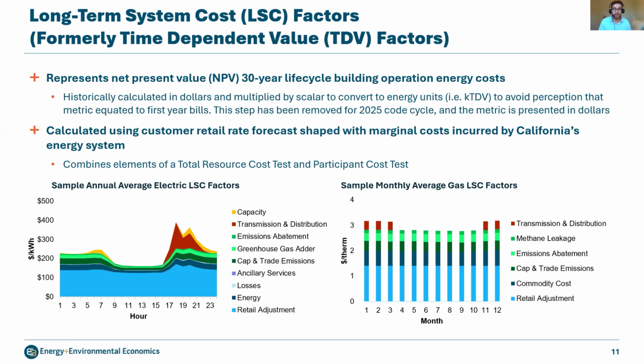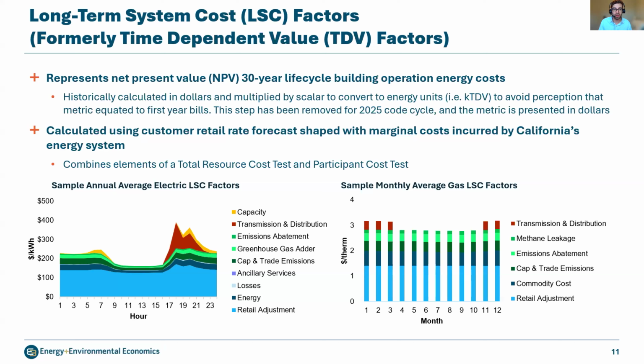These are trying to capture the net present value lifetime cost over a 30-year period of all building operation energy costs associated with the building that's being designed. As I mentioned, these have historically been using these energy metrics, kTDV.